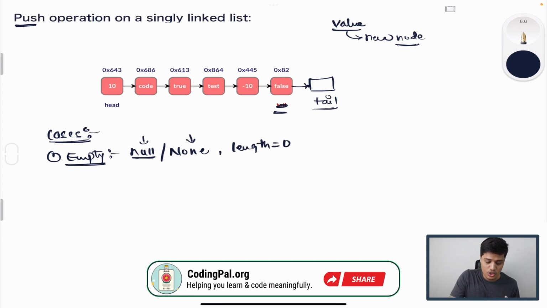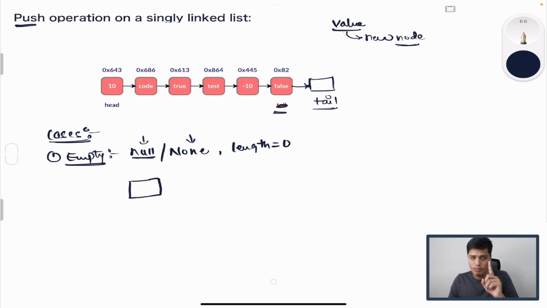So whatever the new value that I am adding into the singly linked list, that will be the only node that will be present inside the singly linked list, right? That means whatever the node that we have added will become the head node as well as the tail node. So we have to make sure that we are updating the head with the new node that we have added.